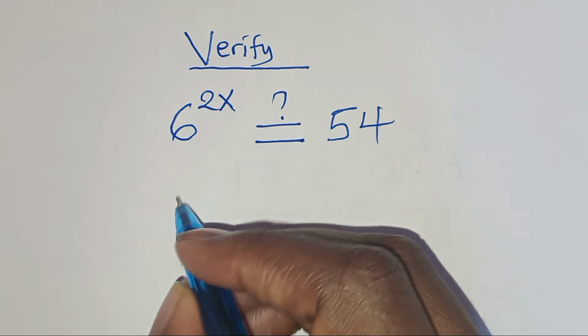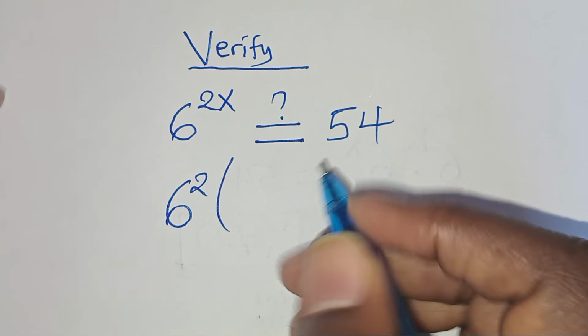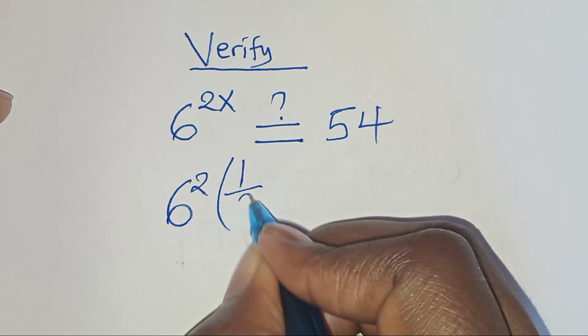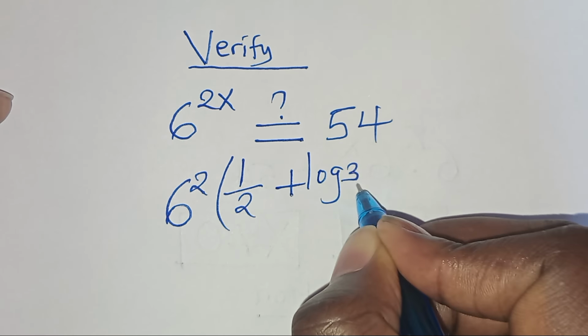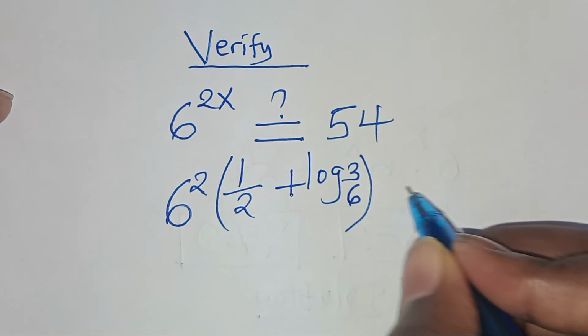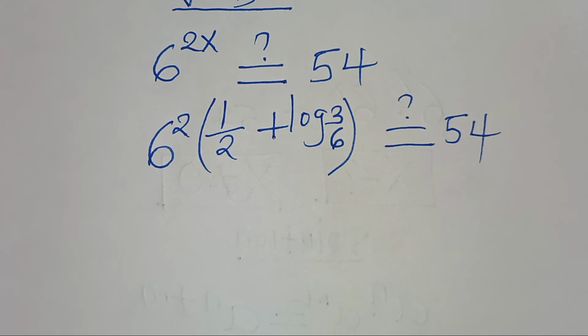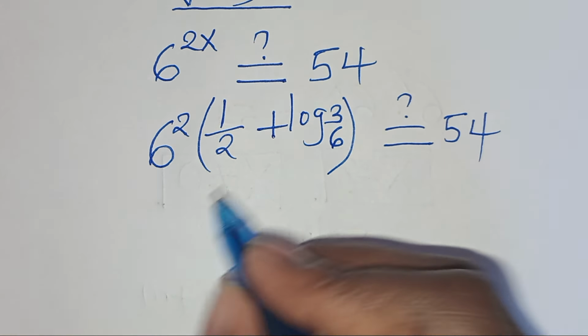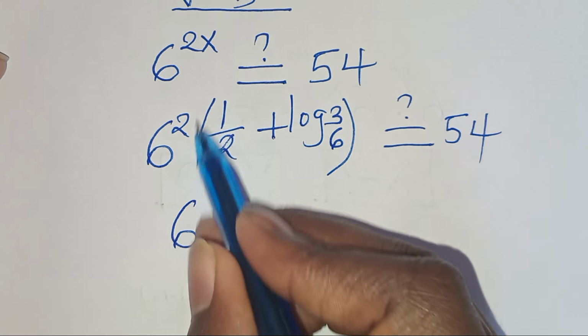Substituting the value of x here, this implies we have 6 to the power of 2 multiplied by the value of x, which is half plus log 3 to base 6. This is supposed to give us a value of 54. Now let's open the parentheses here. So we have 2 times half, so this simplifies.